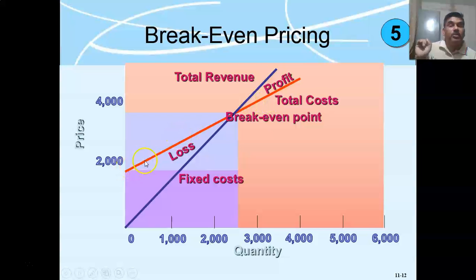The cost increases after the fixed cost only, because this is fixed and this varies with the increase in production, right? So break-even pricing is a very effective pricing strategy, because it makes the organization understand and forecast at what level of production the company will start getting profit, right?